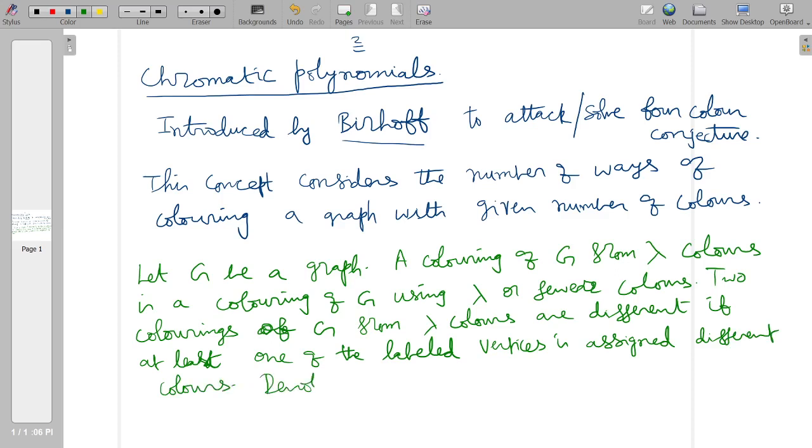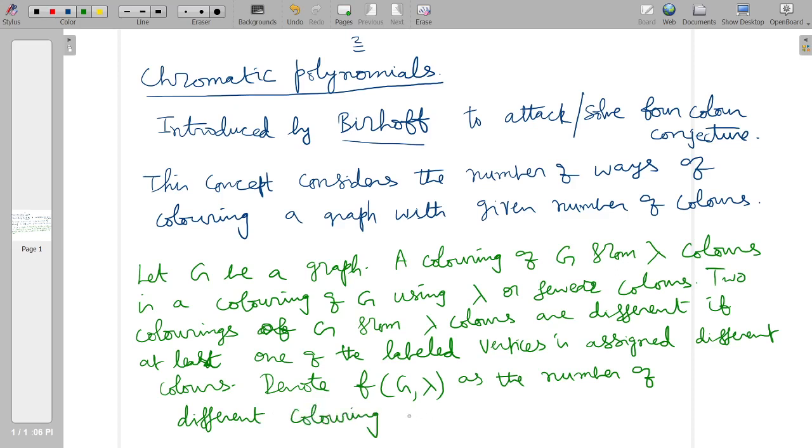We denote f of G comma lambda as the number of different colorings of graph G using lambda colors.